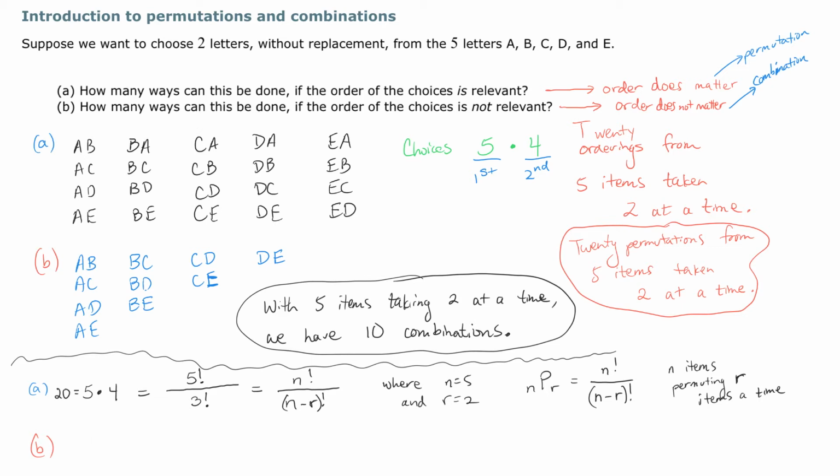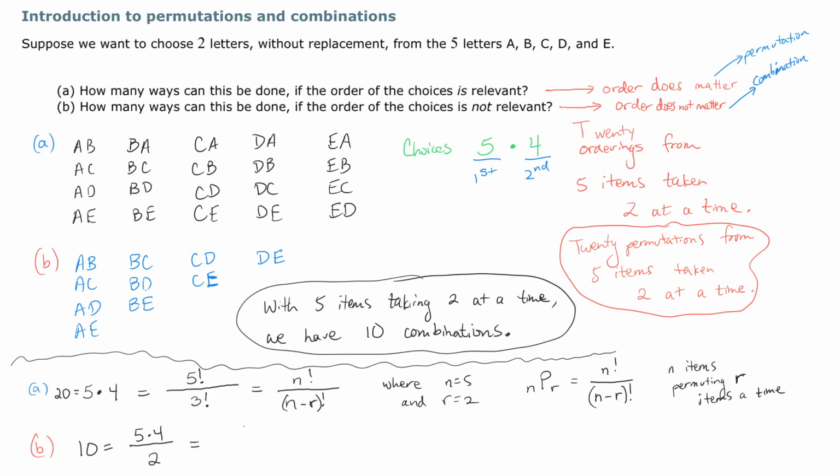from this counting exercise? We get 10 is equal to 5 times 4 divided by 2, right? But this is equal to what?